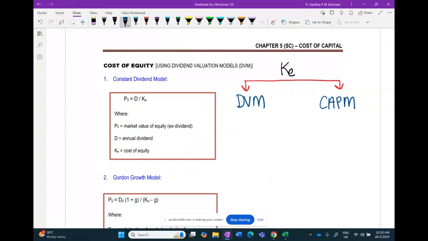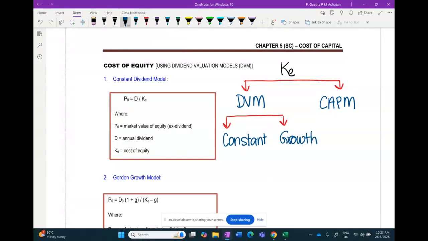Under the dividend model, we have two variations. There are constant dividends paid to your shareholders, or the dividends are growing every year, so we have a growth model.